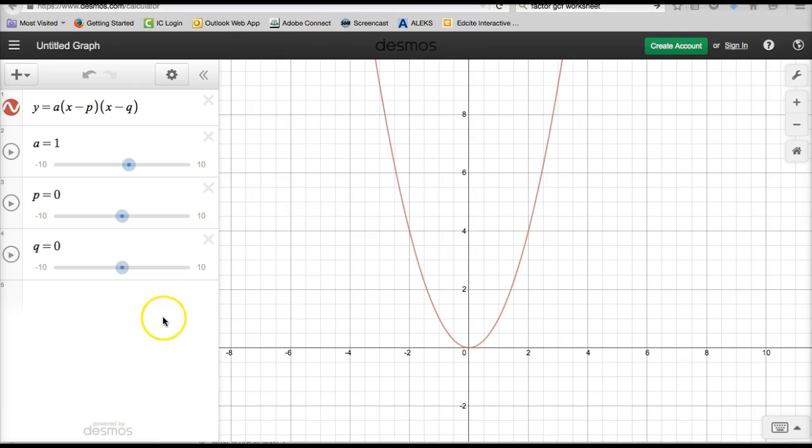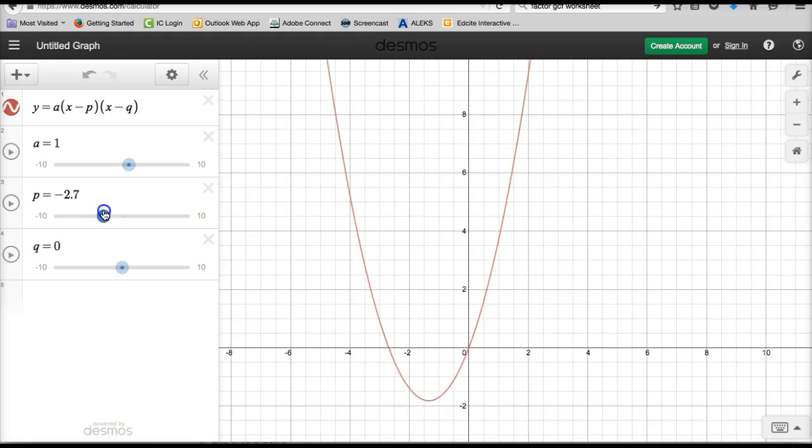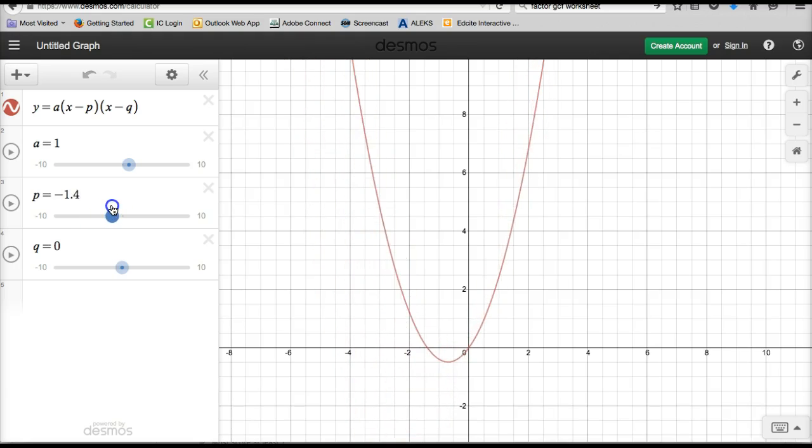Okay. So just real quick with this equation, I want to slide these around real fast. So p is going to be one of the roots, right? So if I move this around, it's going to slide one of the roots over there, and you'll see it's changing the vertex as well, obviously, because it has to stay symmetric.